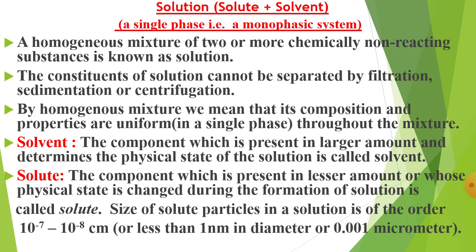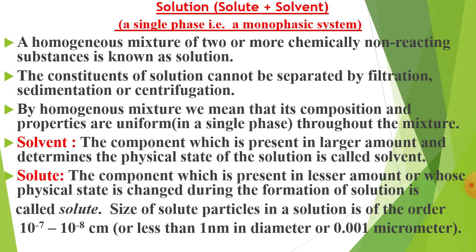Now you have to know about the solute. The component which is present in lesser amount or whose physical state is changed during the formation of solution is called solute. Here when you dissolve sugar, which is solid, in water, now the solid form changes into liquid.